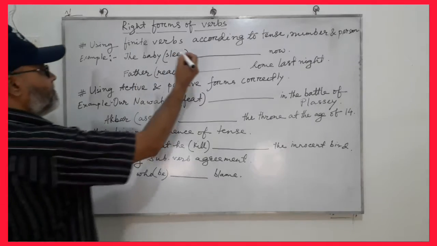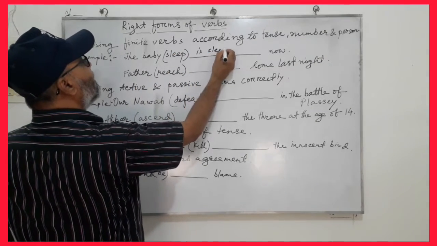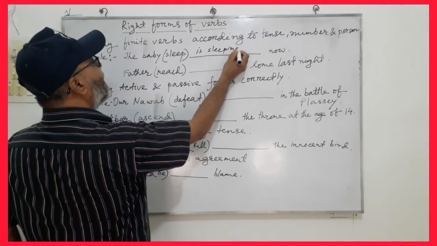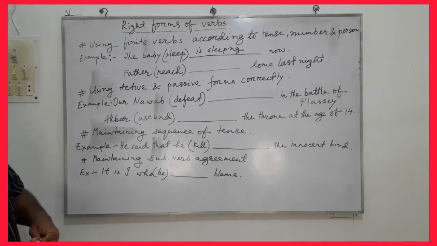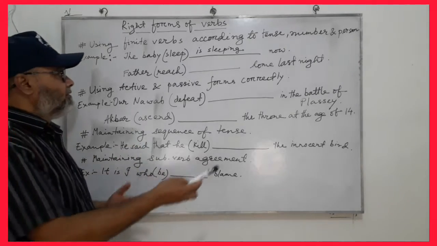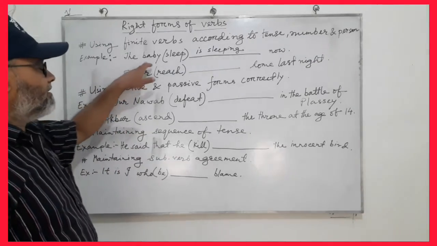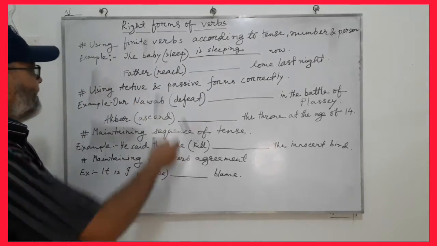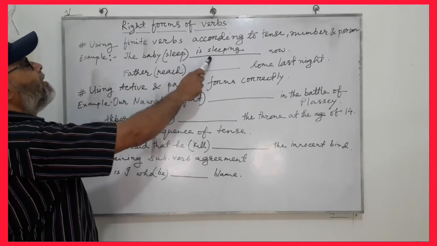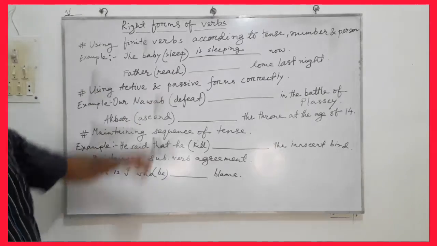That is, the baby is sleeping. The baby is sleeping now. We know the structure of present continuous tense is subject plus to be verb plus verb plus ing. And in this way, we have filled this gap using the verb in present continuous tense.